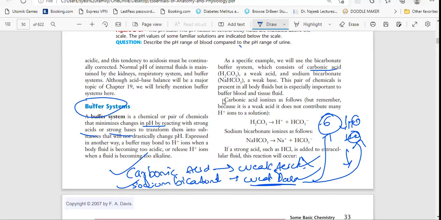I will explain in detail. We have carbonic acid, a weak acid.